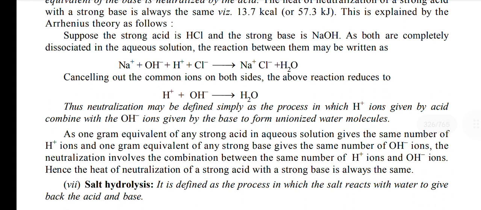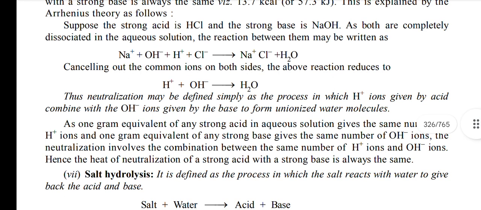Suppose the strong acid is HCl and the strong base is NaOH. As both are completely dissociated in the aqueous solution, the reaction between them may be written as Na+ + OH- + H+ + Cl- react to form Na+ Cl- + H2O.